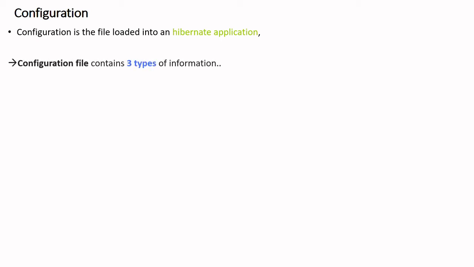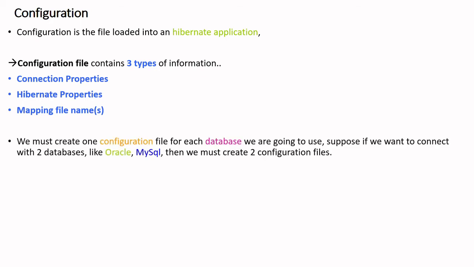So let's talk about the configuration. Configuration is the file that is loaded into a Hibernate application. The configuration file has three types of information: connection properties, Hibernate properties and mapping file names. We must create one configuration file for each database we are going to use.